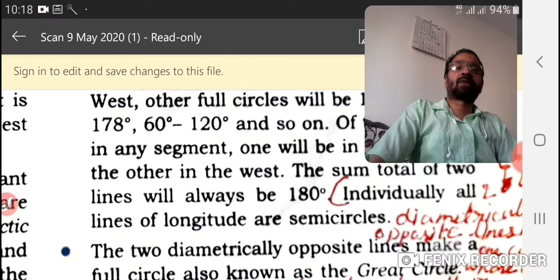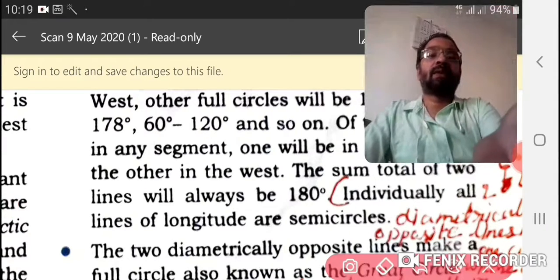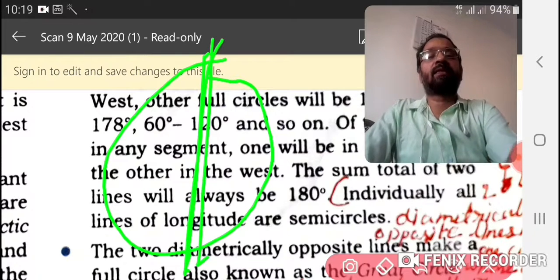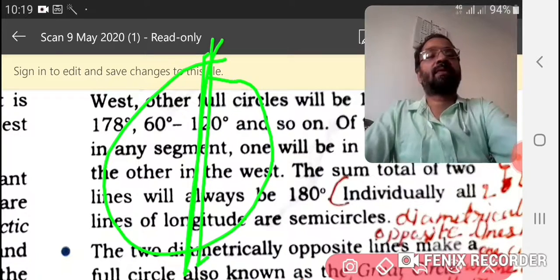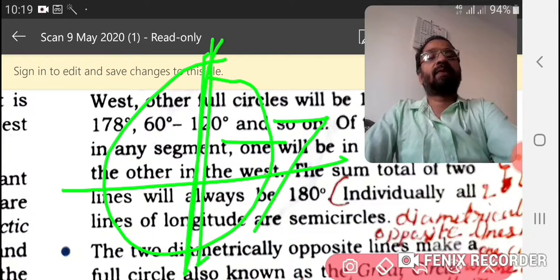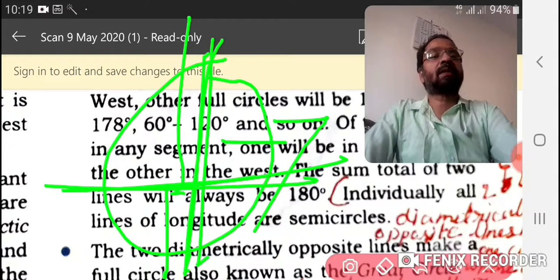Individually, these are all semicircles. We can divide both ways: east according to the meridian, this is a half circle, 180 degrees, and the other part is another 180.